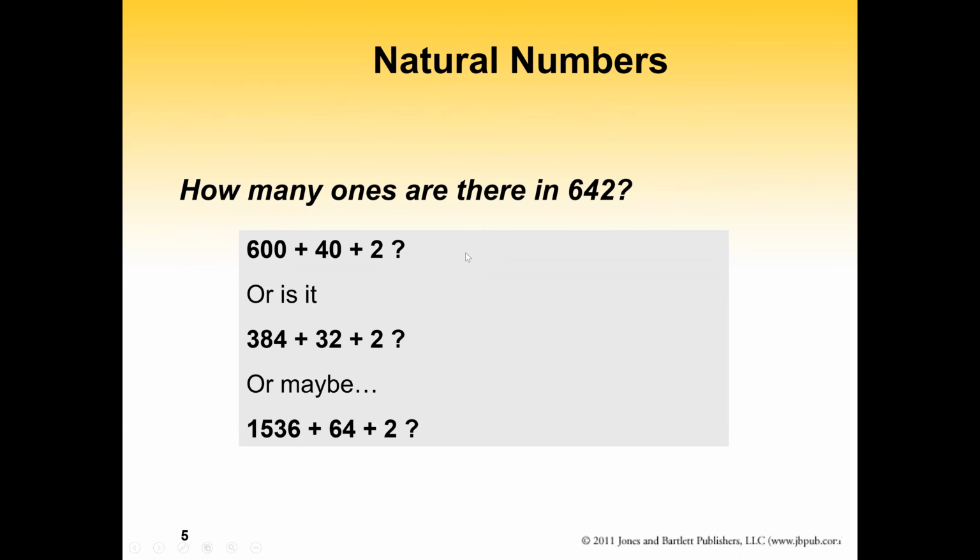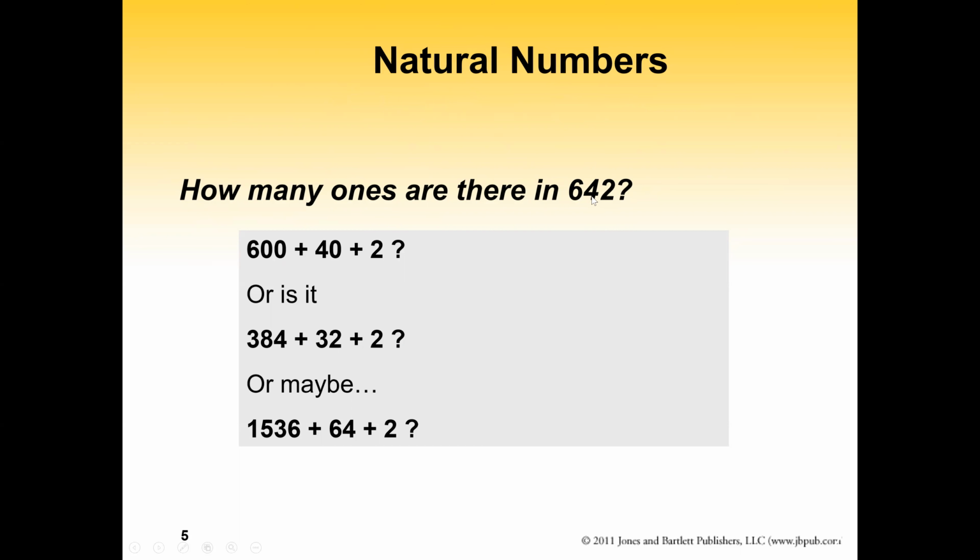Now, let's start with the concept of adding natural numbers. Again, we have known this for a long time, but this is just a simple example. If I have 642, we want to know the position of the digits. We know 6 has 2 places after it, so it will be in the 100 position. 4 has only 1 place after it, so it will be in the 10 position. Then 2 will be a single unit.